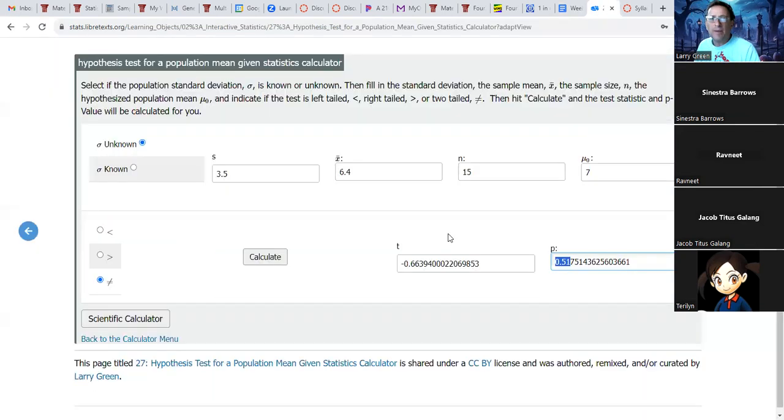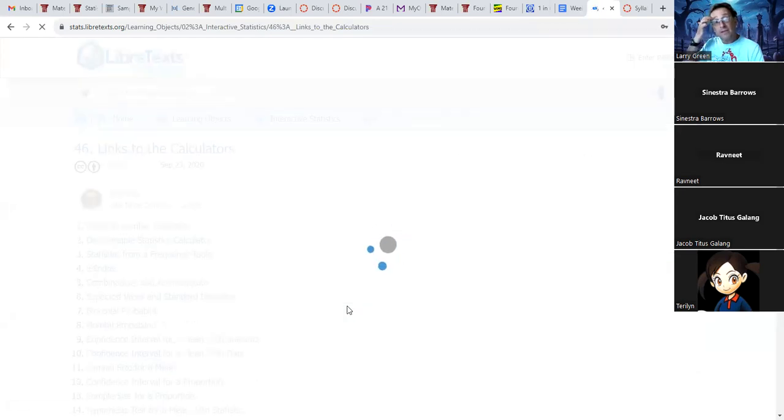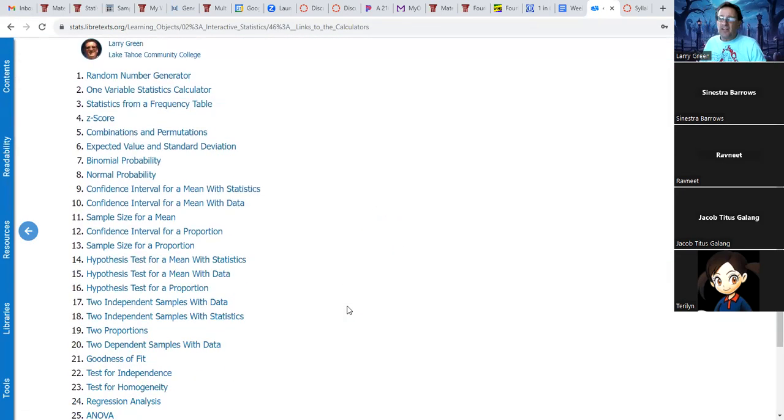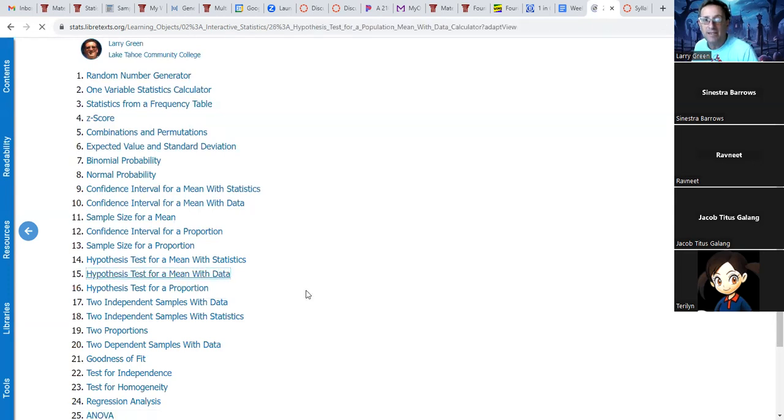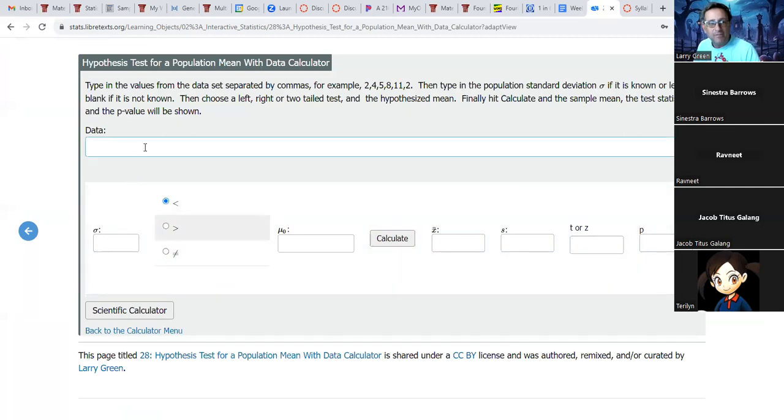All right, so let's go back. What calculator should I use? Which calculator is the right calculator to use? Because that's really important in this class. It's going to be 15 because we're doing a hypothesis test for a mean, and we have data. So I click that and put in my data.